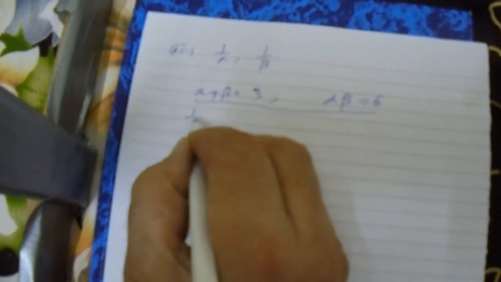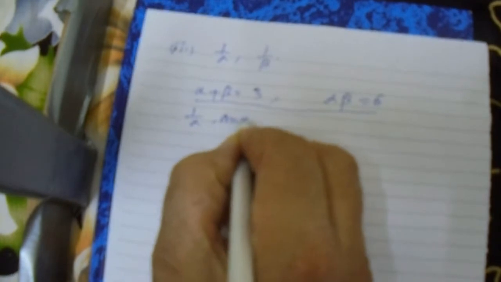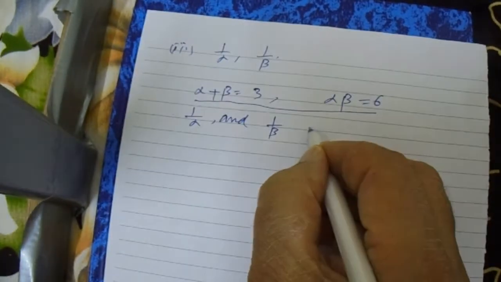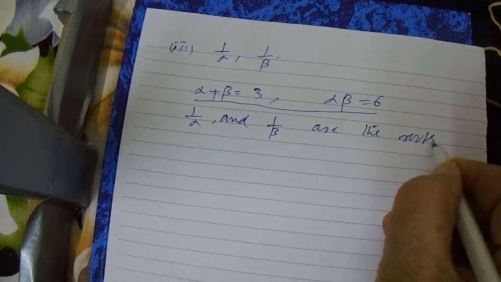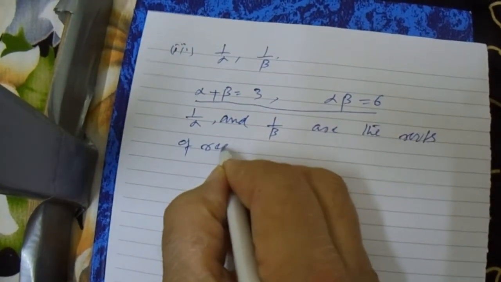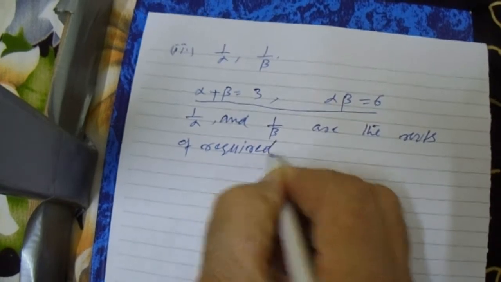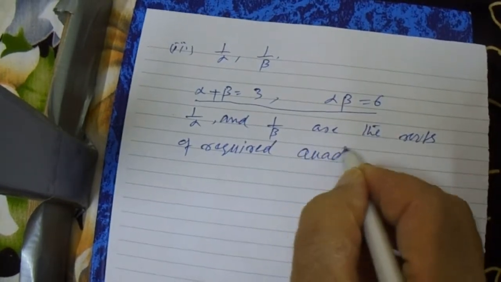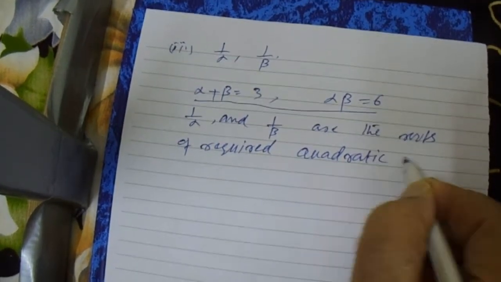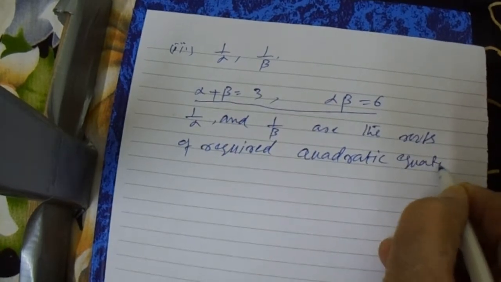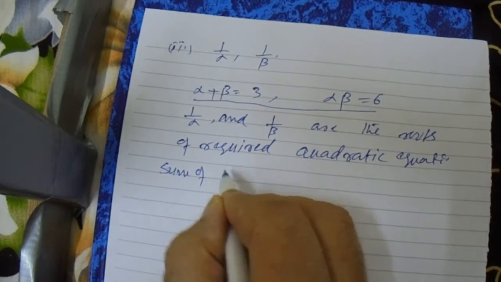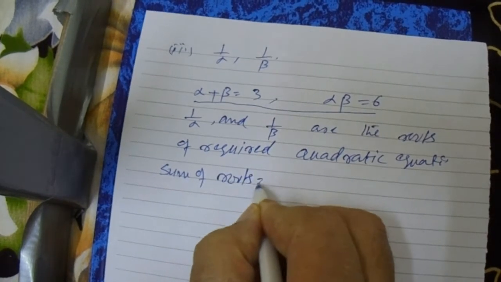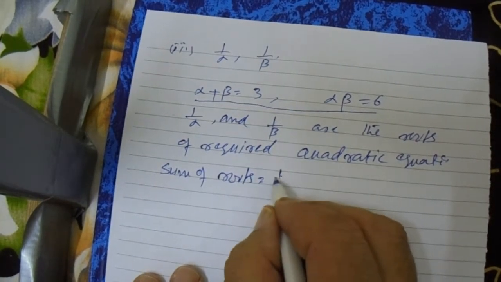Now 1 over alpha and 1 over beta are the roots of the required quadratic equation. Now we find the sum of roots, which is equal to 1 over alpha plus 1 over beta.